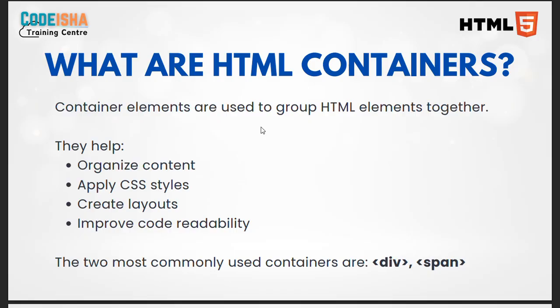Let's see how we can define that, and what elements we can add inside the div. They help organize the content and apply CSS styles, create layouts based on our requirements, and improve code readability.